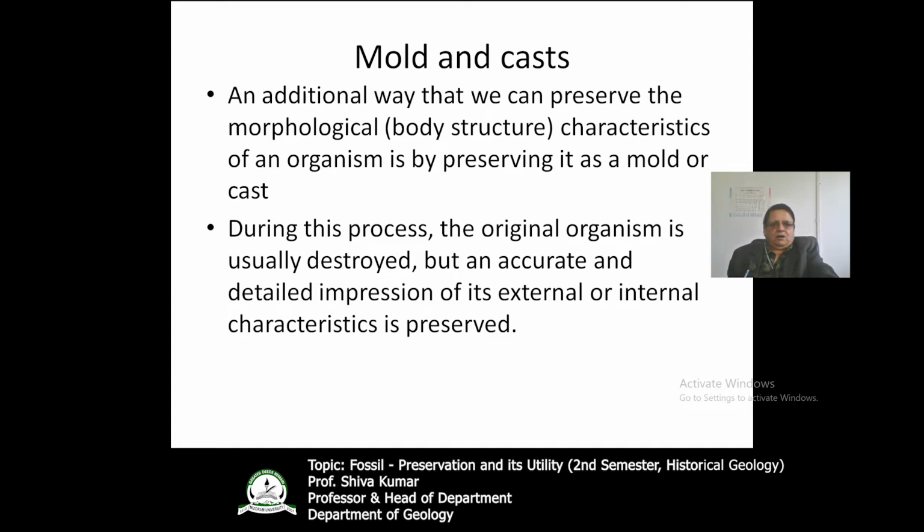Now mold and cast. Here is an additional way that we can preserve the body structure and morphological characteristics of an organism: by preserving it as a mold or cast. During this process, the original organism is usually destroyed, but an accurate and detailed impression of its external or internal characteristics is preserved.